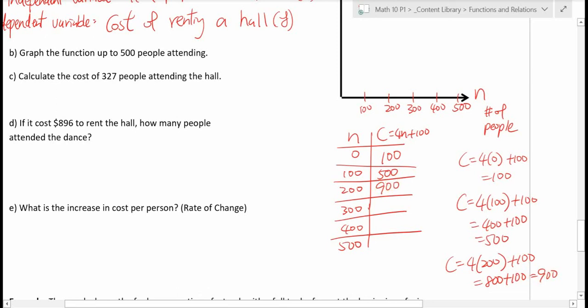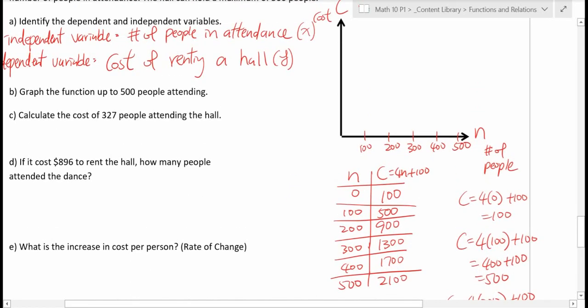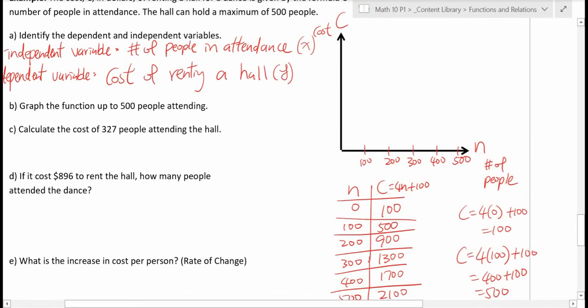You can do the same thing for the next three n values, and you will get $1,300, $1,700, and $2,100. Now I know my y values, so I can figure out how to scale my axis. The maximum here is 2,100, so I'm going to go up by 200 each time. That means I need at least 12 lines.